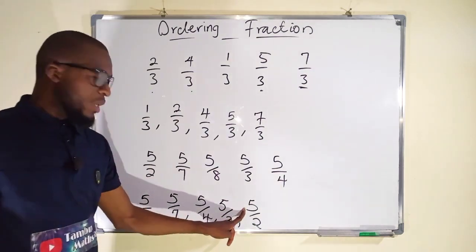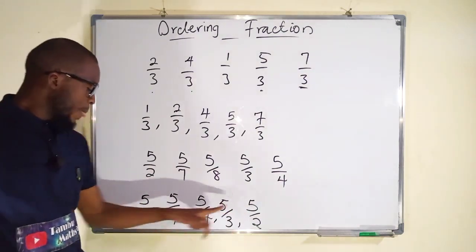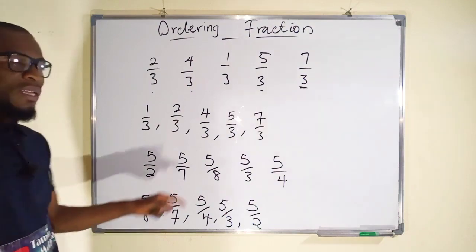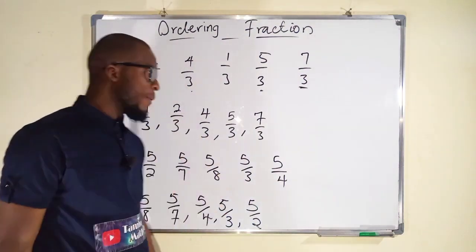So 5/2 is the biggest fraction here, while 5/8 is the least fraction here.